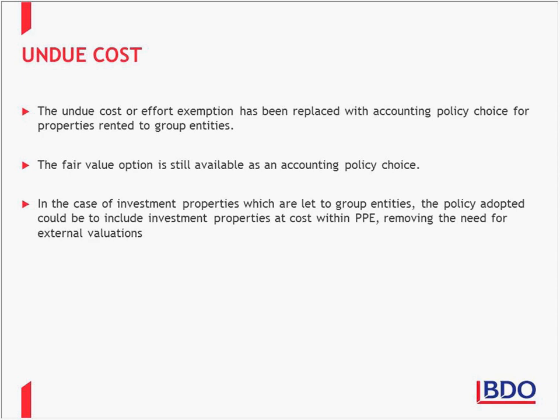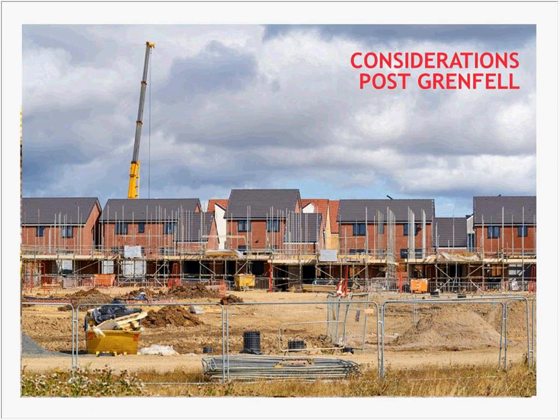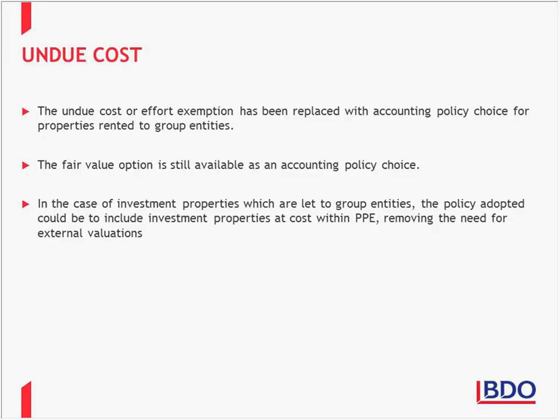Cost is a particular area of real focus around the accounting policy impact. When FRS 102 came in, there was a change in the rules where a parent may own a property that is rented to a subsidiary or vice versa, and effectively having to treat that as an investment property.